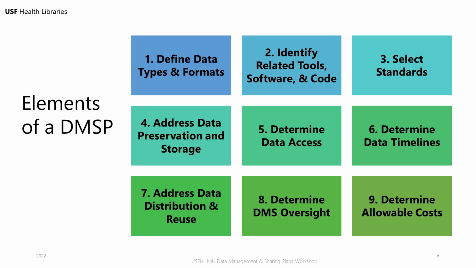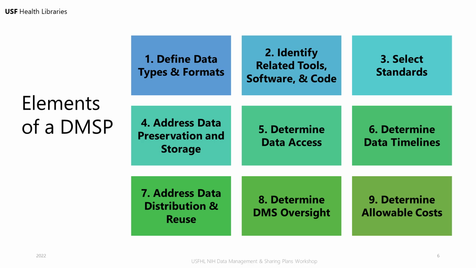So the elements of the DMSP, there are essentially 9 elements. Elements 1 to 3 center on describing the data collection procedures, the tools, software, or codes that are needed to read and use the data, and selecting a metadata standard to define how the data will be organized and documented.